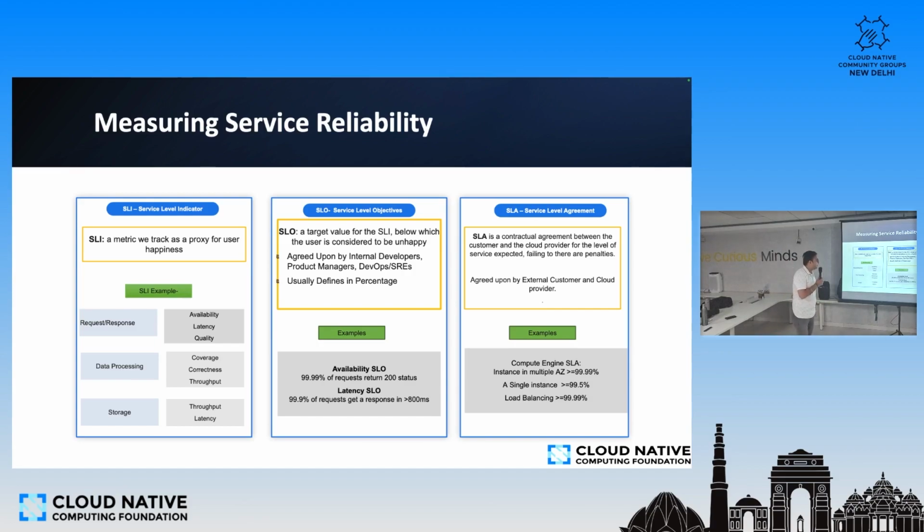So let's talk about SLA. Again, it's agreed upon between the external customer and the cloud provider. For example, in Google Cloud or AWS, Google Cloud is saying that you can use my Compute Engine, and I'm giving you a 99.99% SLA.